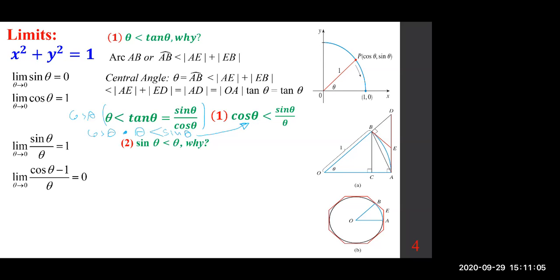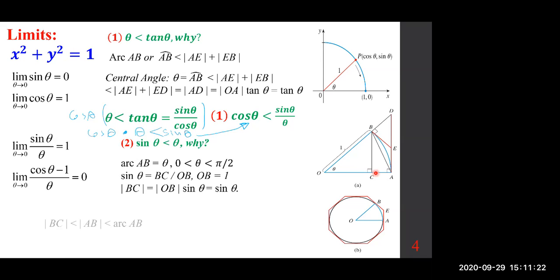Anyways, the other part, I had explained it, so I'm going to quickly recap. Why is sine theta less than theta? Remember, sine theta is represented by BC. Theta is represented by the arc AB, and that's all there is to it. So you can see the step by step and the explanation that I gave you.